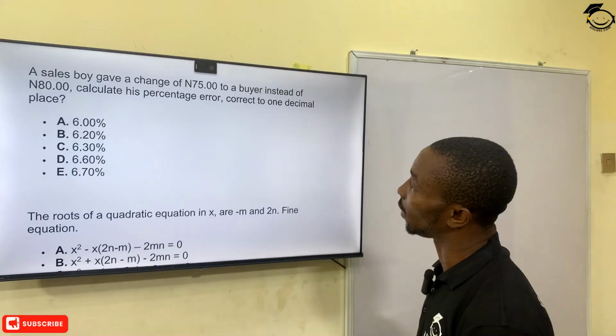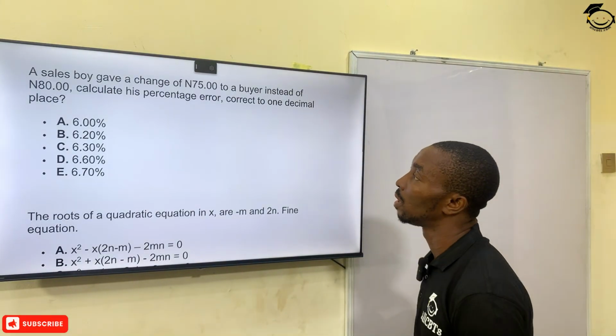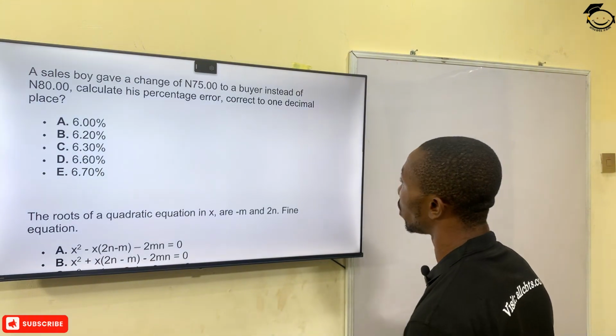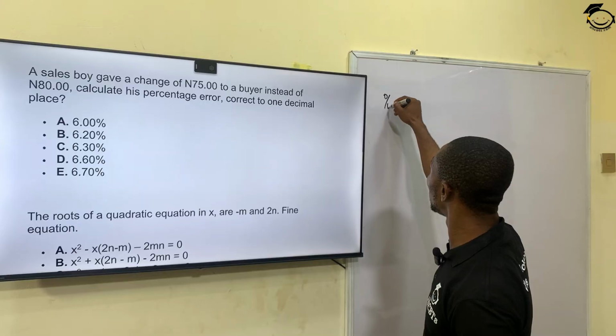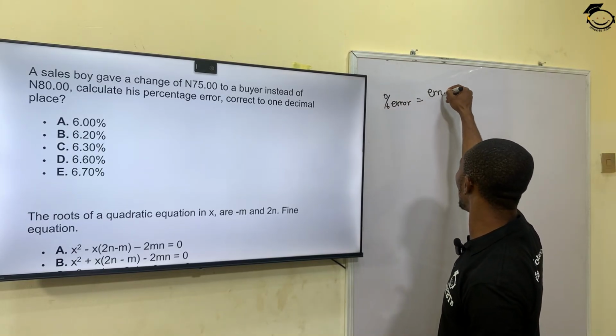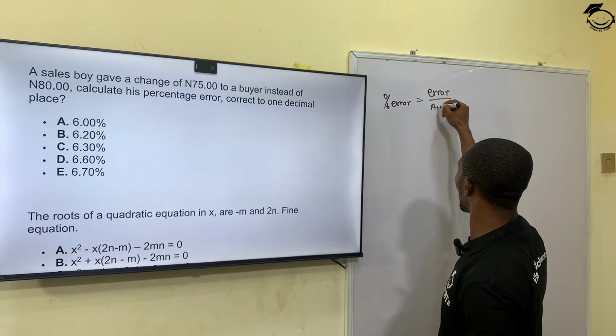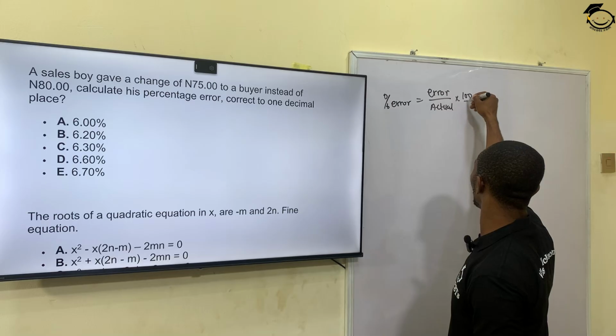A sales boy gave a change of 75 naira to a buyer instead of 80 naira. Calculate his percentage error, correct to one decimal place. Now, for percentage error, we know our formula to be error over actual times 100 over 1.